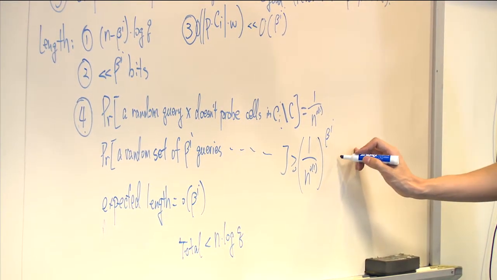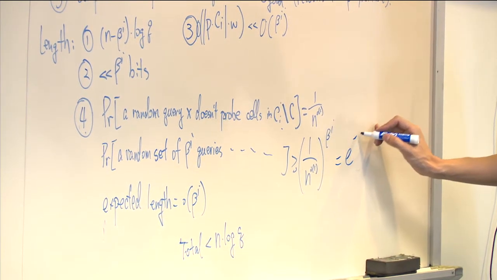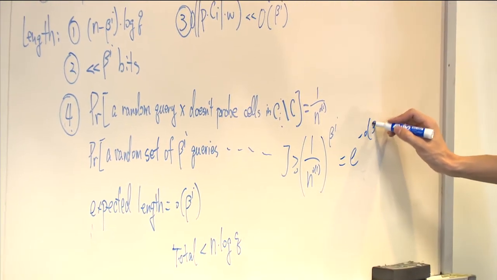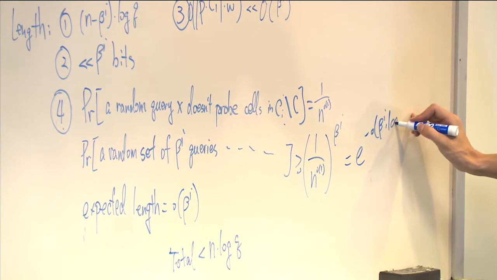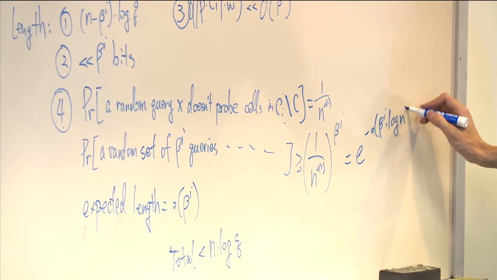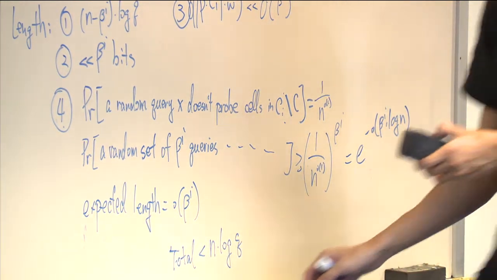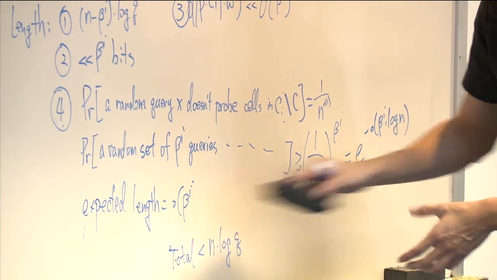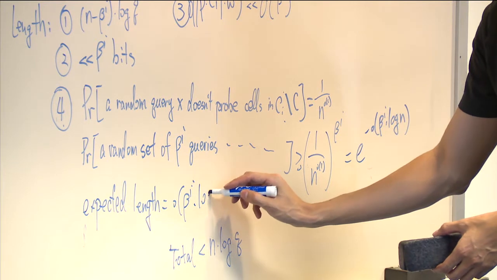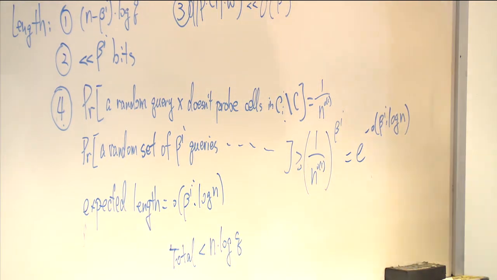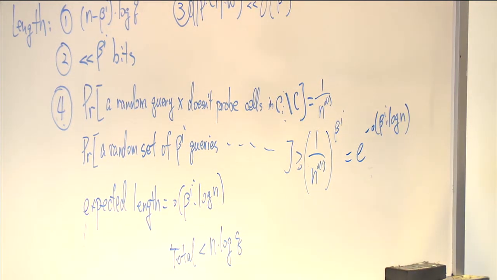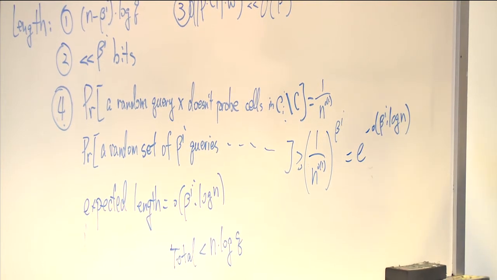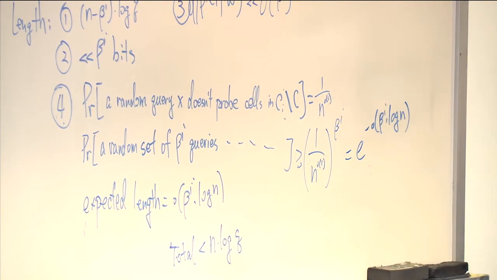And this is basically exponential in minus little o of beta to the i times log n, or log q, that's the same. So the expected length of encoding of this part becomes beta to the i times log n. And if we sum up all the parts, we still get something that is smaller than the input size.